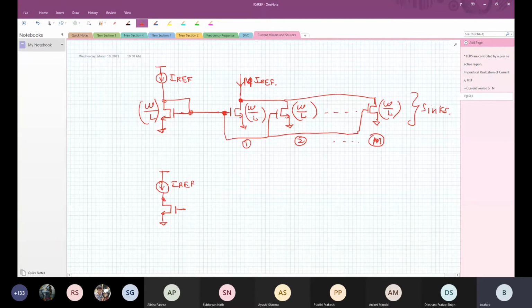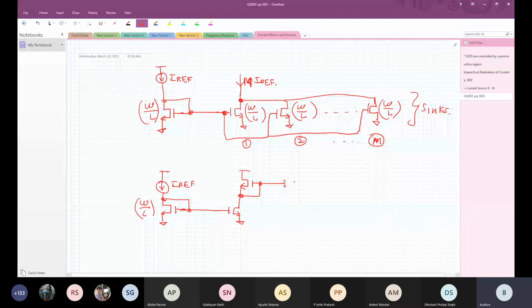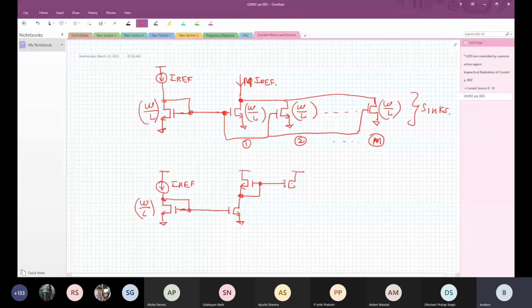So you take this W by L and take it this way, and you have a current I copy.